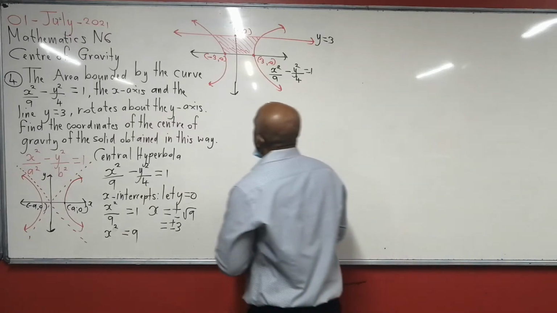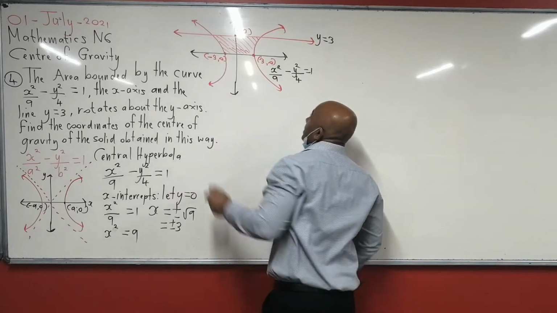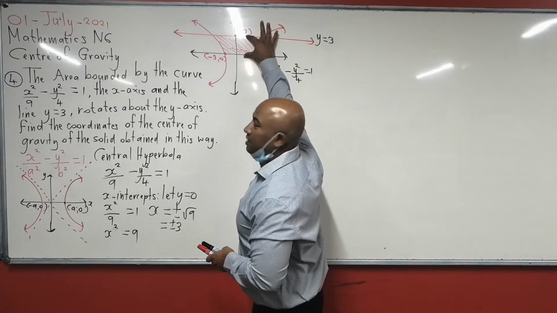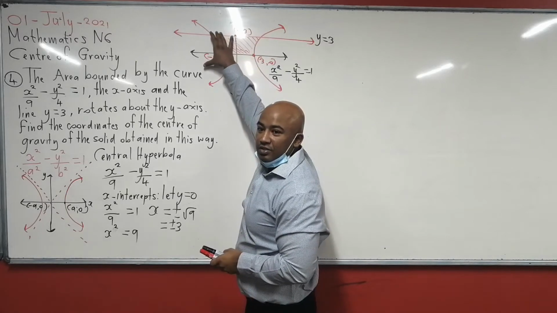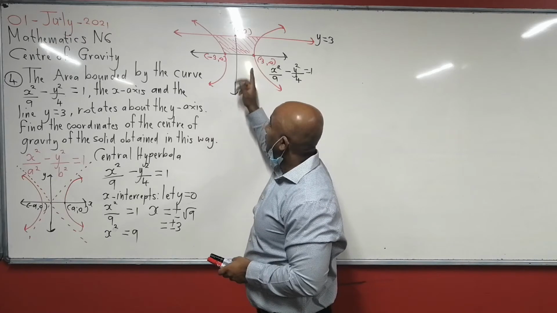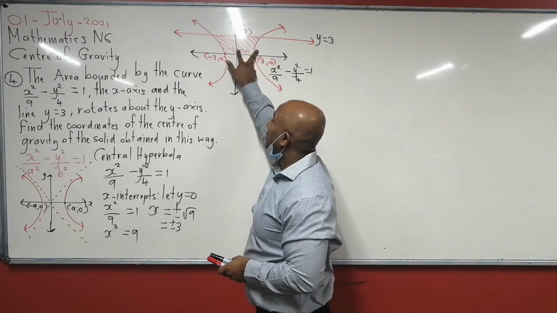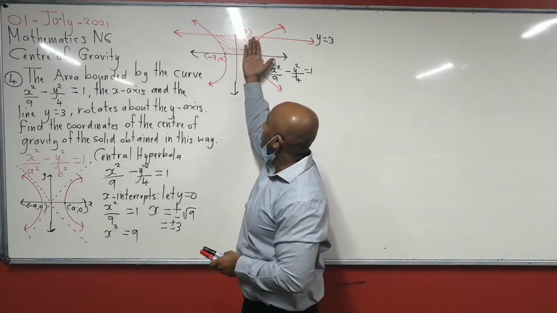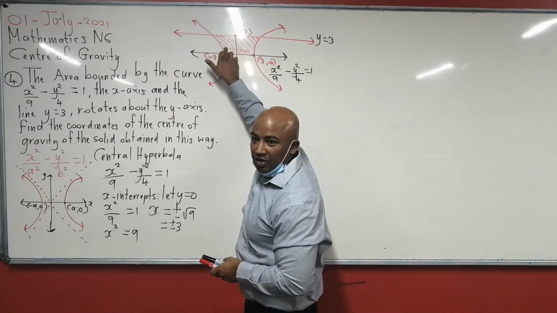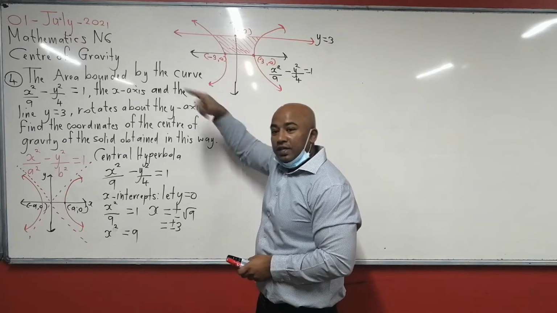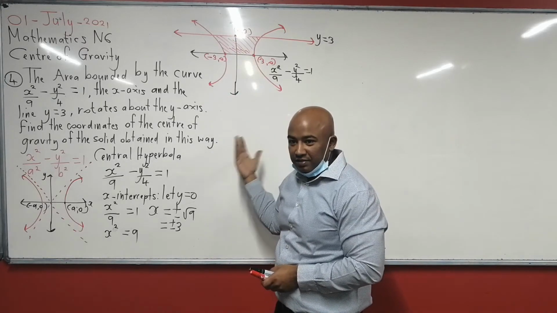Notice that this part is symmetrical to the part on the left. So when we are working out volume, we only need to take one part of it and rotate it. When you rotate this side, it covers the left automatically.